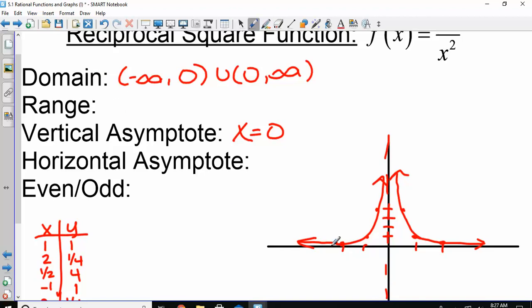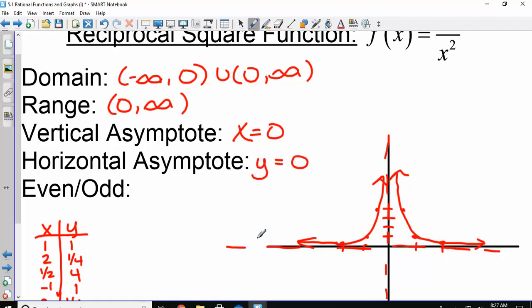Range. You go from the bottom up, this starts after 0 and goes up forever. The horizontal asymptote, the horizontal line we don't cross, is at y equals 0.